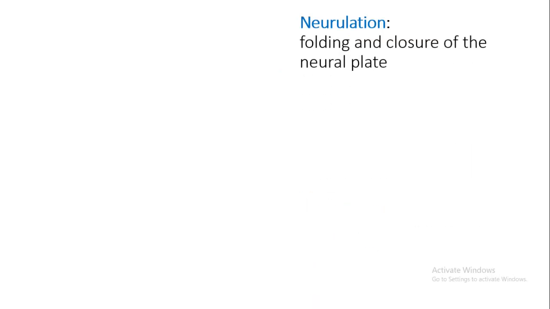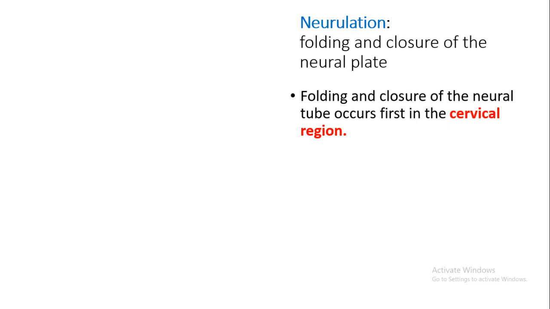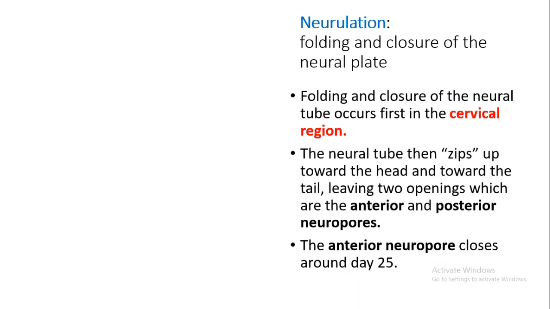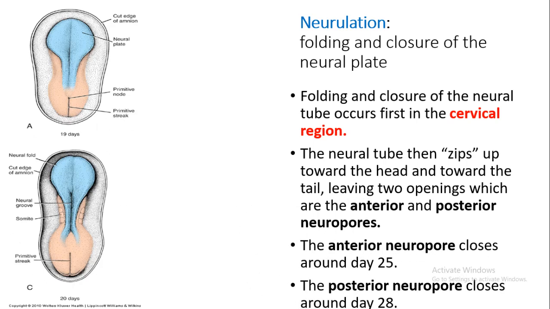So I've already explained everything. The only thing I'm interested in is that the folding and closure of the neural tube occurs first in the cervical region.